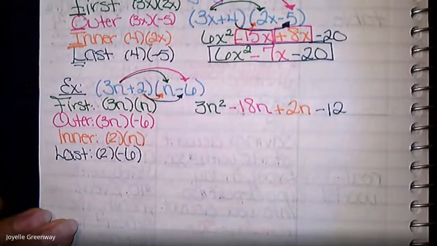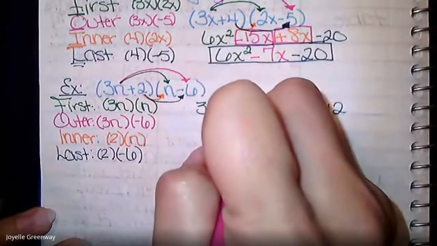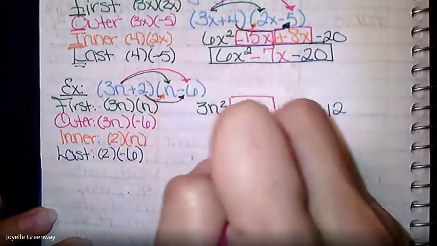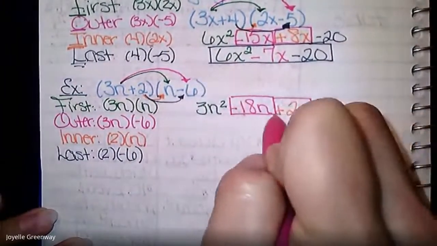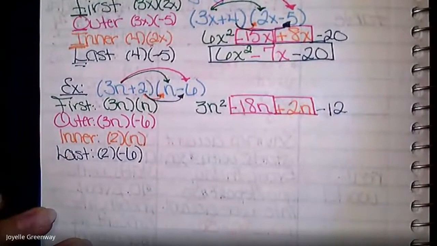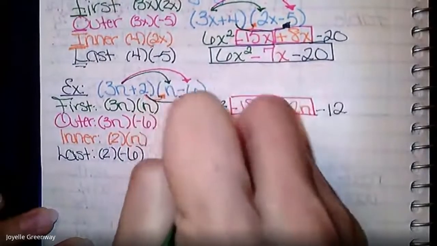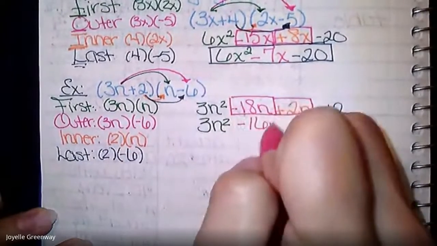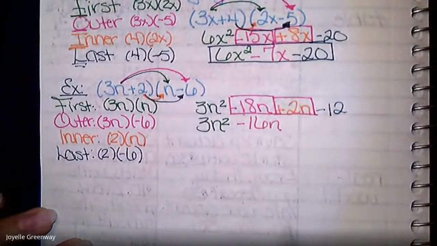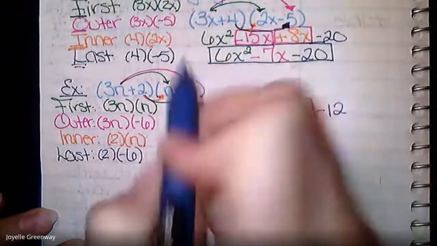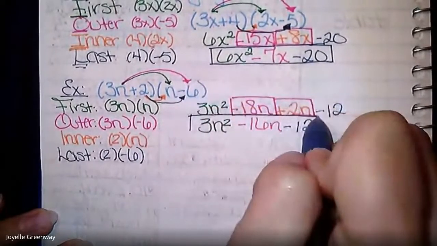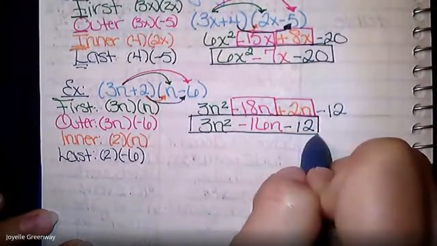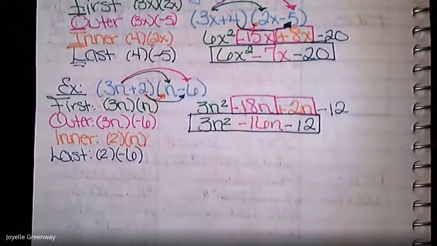So now we simplify that by combining like terms. So negative 18n plus 2n. So we have 3n squared minus 16n minus 12. And that is your trinomial. That's as simplified as you can get.